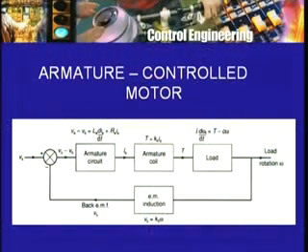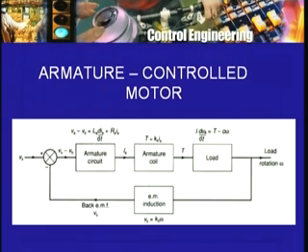So right now the kind of control action that we are thinking of does not involve changing the field current, but could involve changing the applied voltage Ea, and therefore this is referred to as armature controlled motor or armature controlled situation for a DC motor, separately excited DC motor.